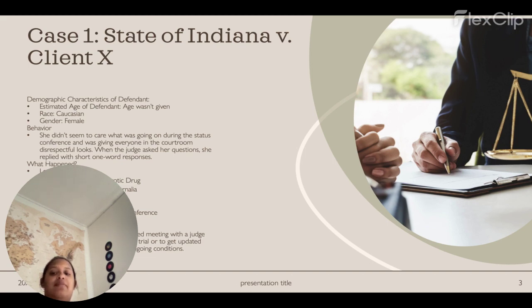The duration was about 25 to 35 minutes, and the location was the Elkhart Circuit Court here in Indiana. A status conference is a court-ordered meeting with a judge where they decide the date of the trial or get updated information on a defendant for ongoing court conditions or personal life conditions.